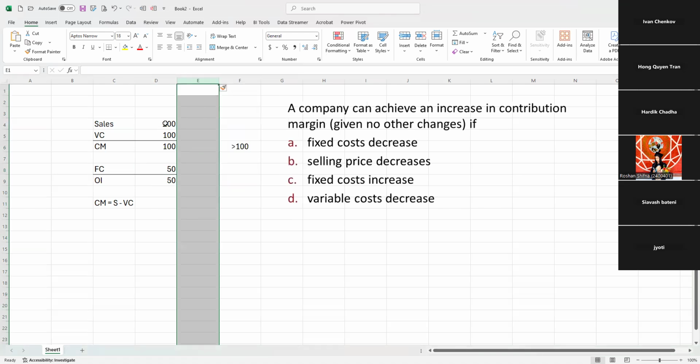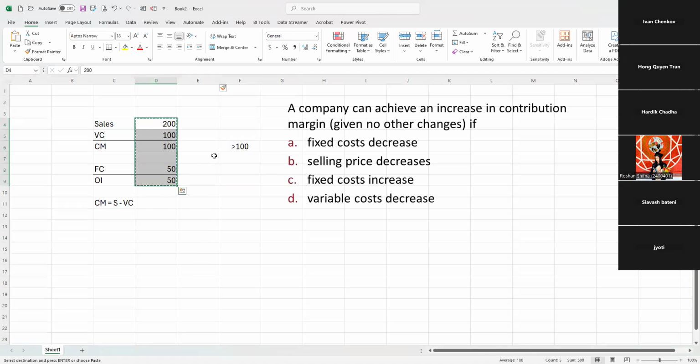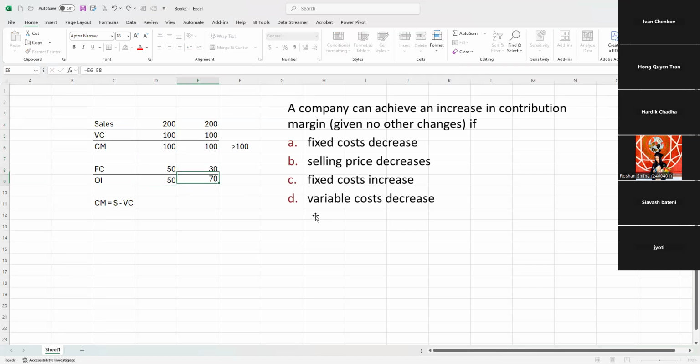Let's insert this one and copy this one, and that will be my new scenario. If I decrease the fixed cost, what happens with the contribution margin? Did something happen to it? No, same. Does that help me? No. So let's forget about this.